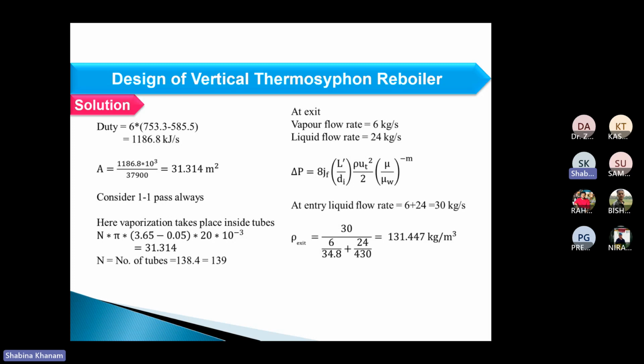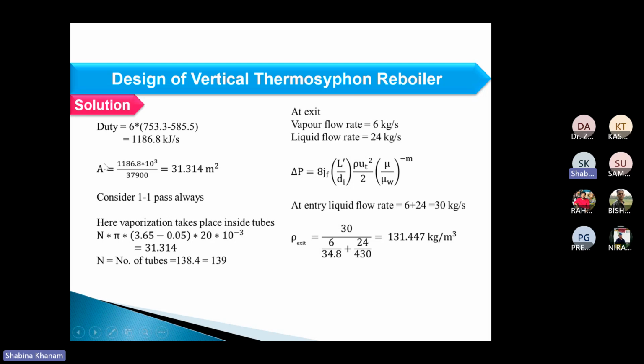So we will start with another assumption, that is maximum heat flux, and considering that we will find heat transfer area, number of tubes, pressure drop, and then the recirculation ratio will be maintained, and only then will we proceed for heat transfer coefficient calculation. Because of that, the procedure is entirely different for this.